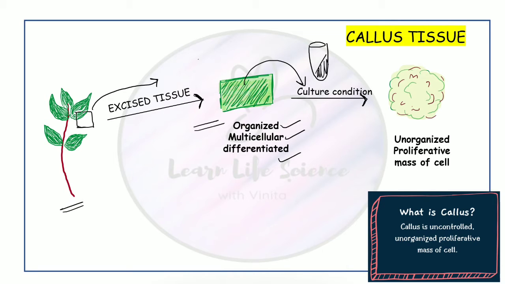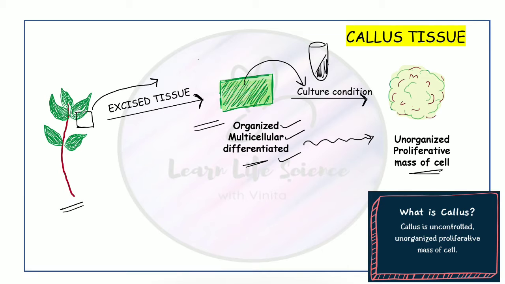They are going to revert the multicellular differentiated cells of the excised tissue to an unorganized proliferative mass of cells, right? So the differentiated cells are reverted back to the de-differentiated forms, meaning the dividing form.